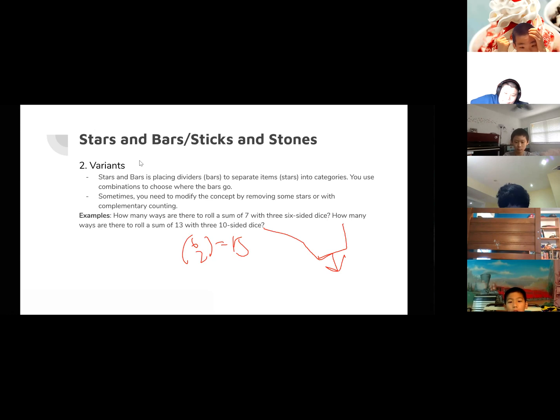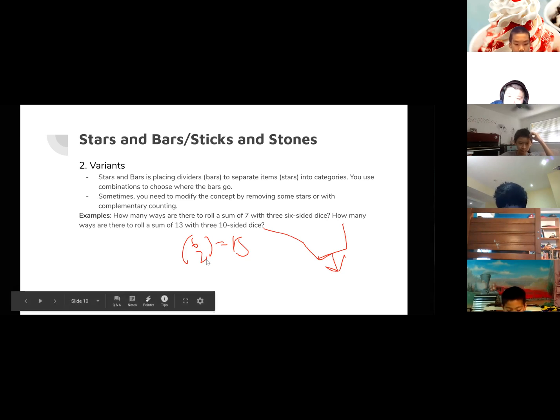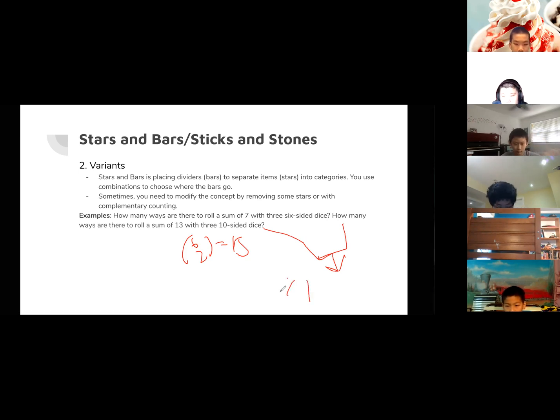So for a roll of sum 13 with 3 ten-sided dice, if we give each of these dice a 1 to begin with, then we have 10 left to distribute among these dice. In this case, we again have two dividers, but now we have 10 stars.